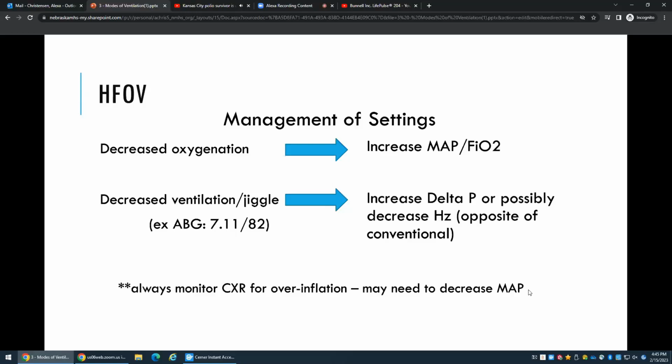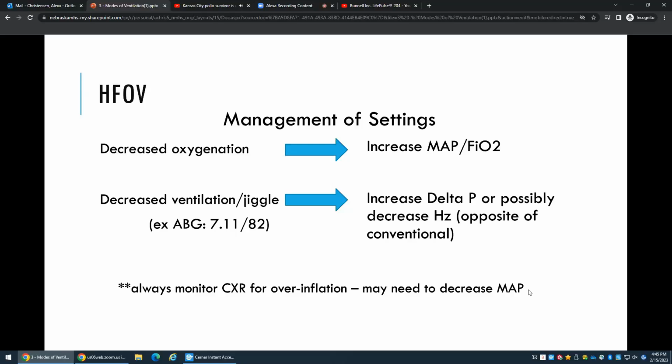So we can cause PIE. We can cause those little tears in the alveoli. We can cause damage. So it can also be kind of confusing. Maybe your baby's not having a very good day. We've gone up and up on our settings. Maybe your baby's on 100%, and you've gotten a chest x-ray, and you get an order to decrease your MAP.